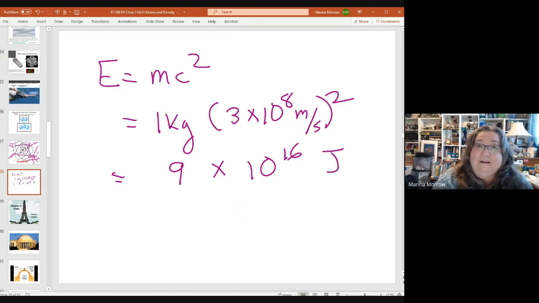Is that a lot? Oh yeah, that's a lot, right? It's a 9 with 16 zeros. This is a huge amount of energy. And so you could run your house for thousands and thousands of years on this much energy.